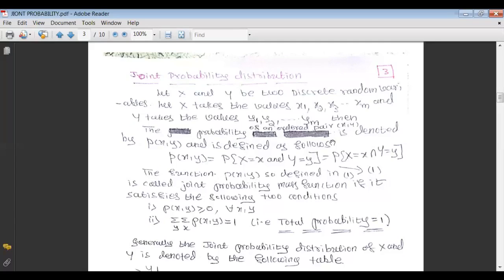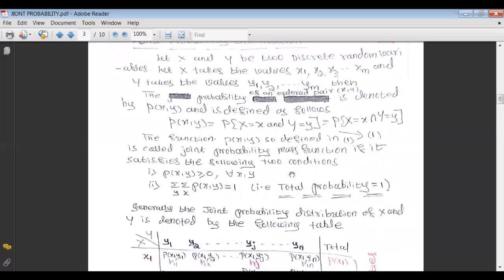Now, the function we have defined as P of xy in equation 1 is called a joint probability mass function if it satisfies two conditions.